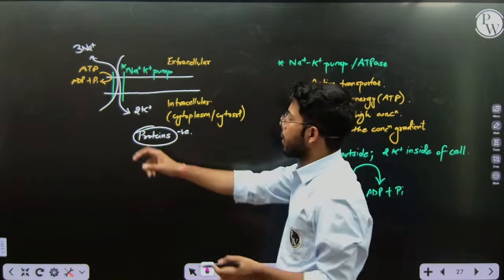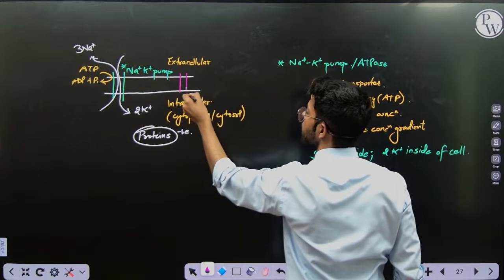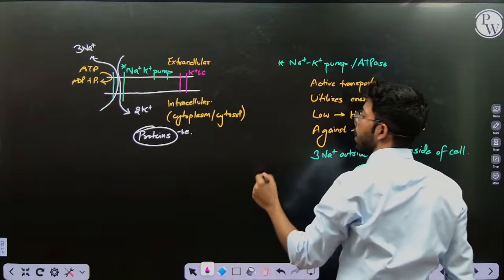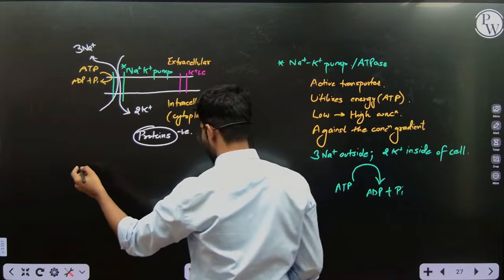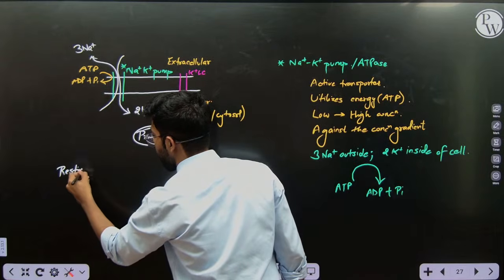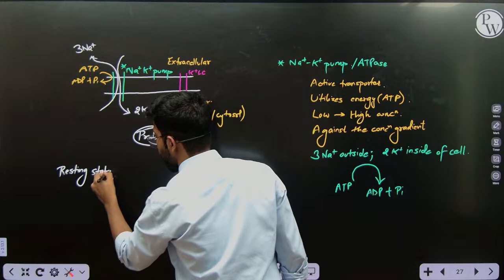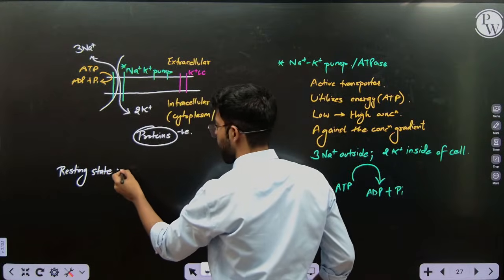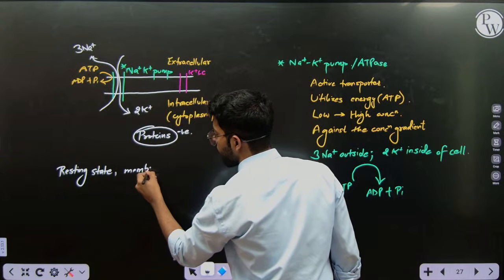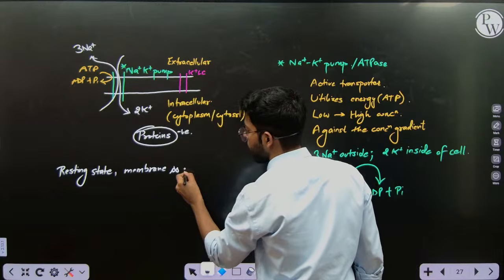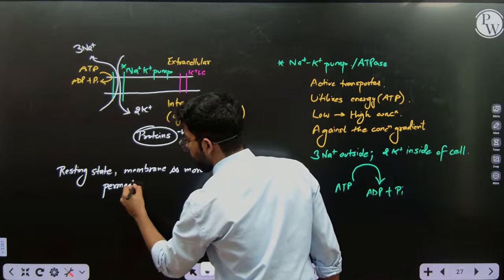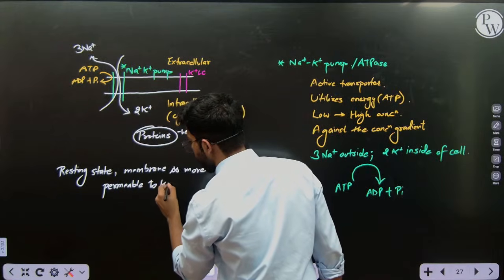And in this plasma membrane, there are also leaky channels present. In NCERT, there is a line that in the resting state, the membrane is more permeable to potassium ion.